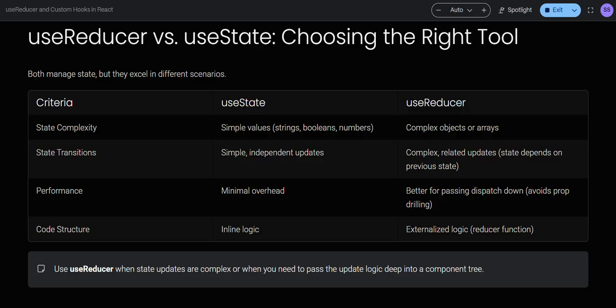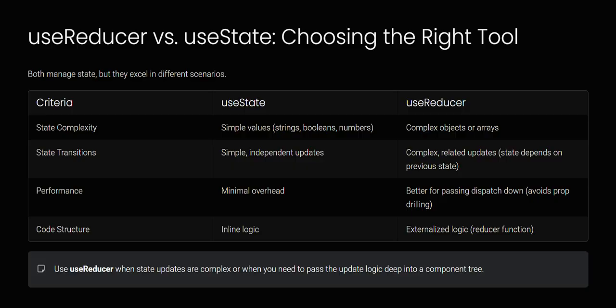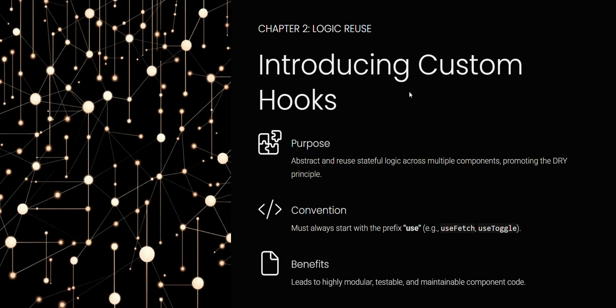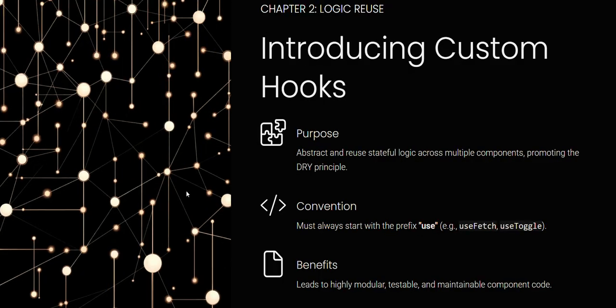So in summary, use useReducer when state updates are complex. So coming to the next one, let's move on to the introduction to custom hooks. Now let's shift gears to custom hooks.